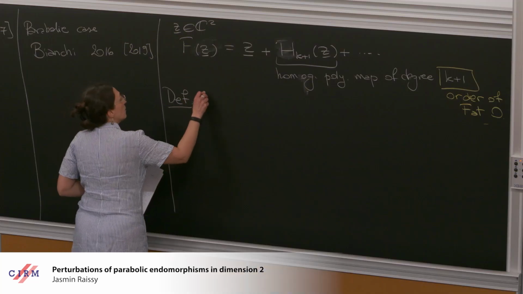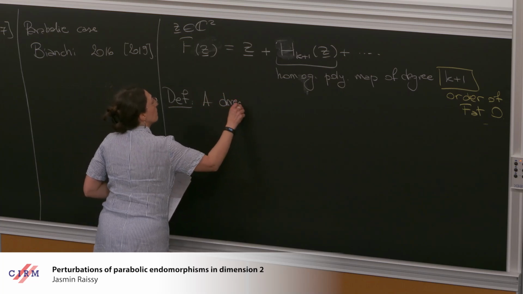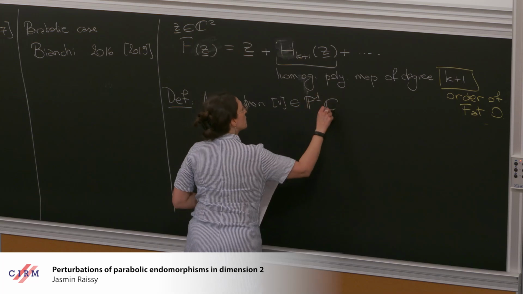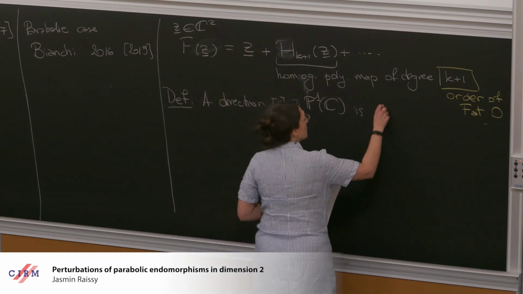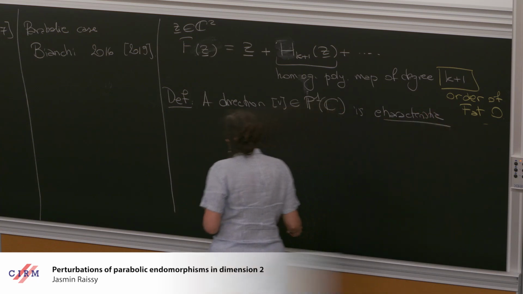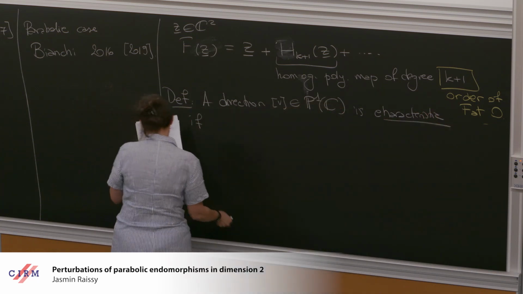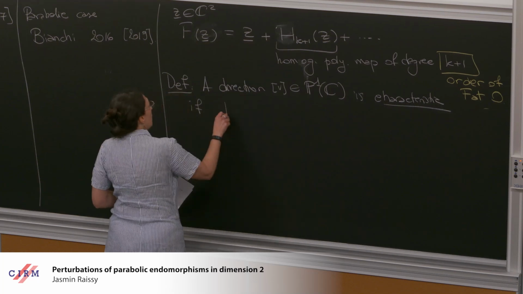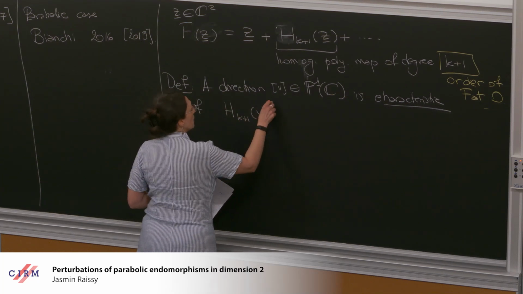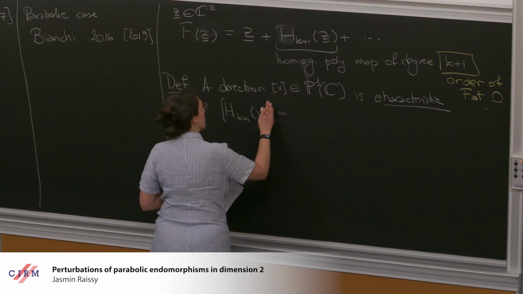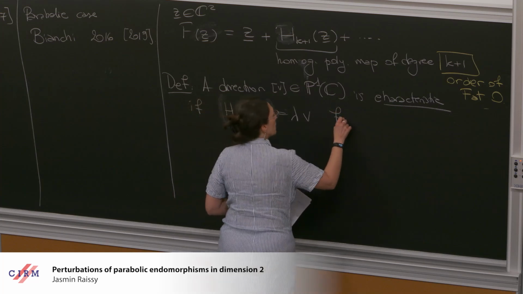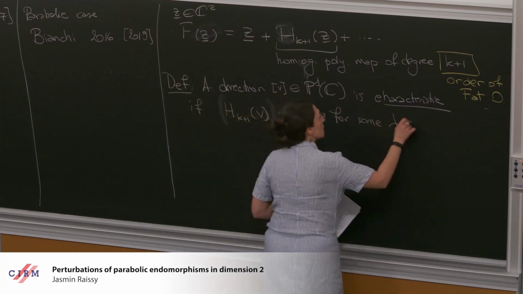A direction V, living in P1 of C, is characteristic if H_{k+1} of V is equal to lambda V for some complex number lambda.